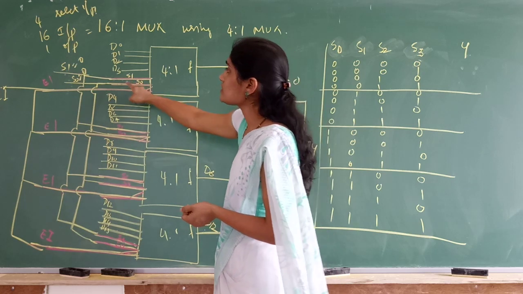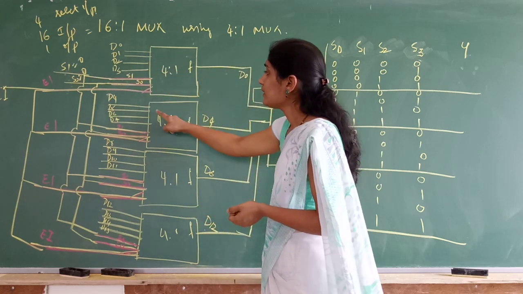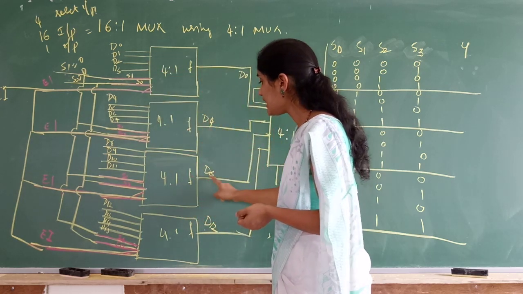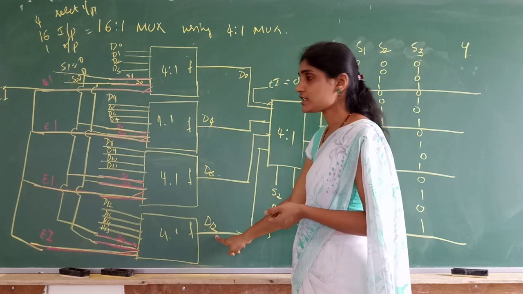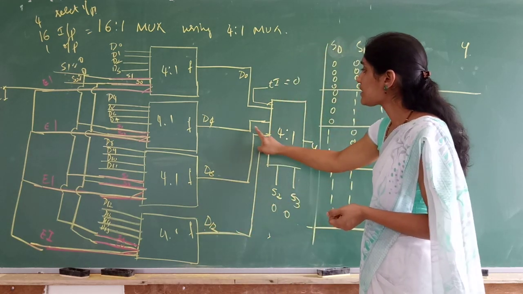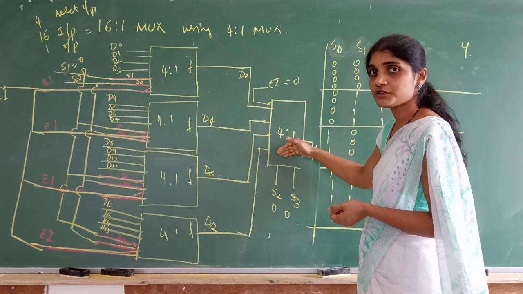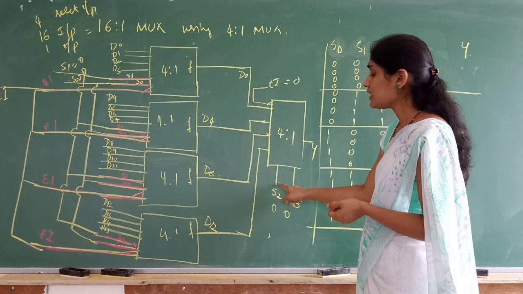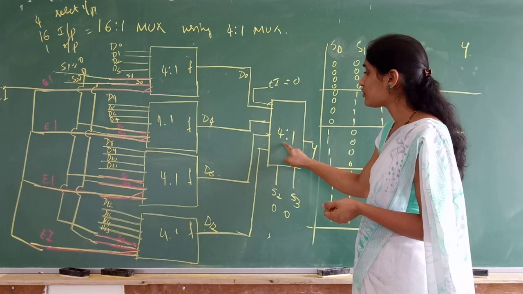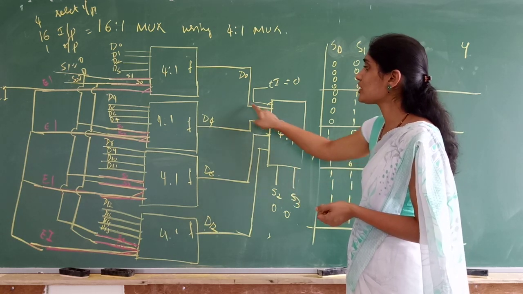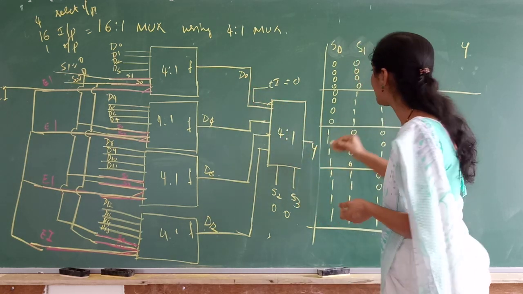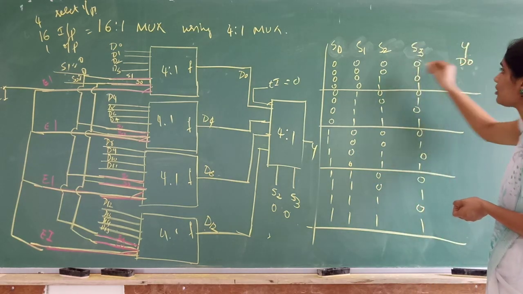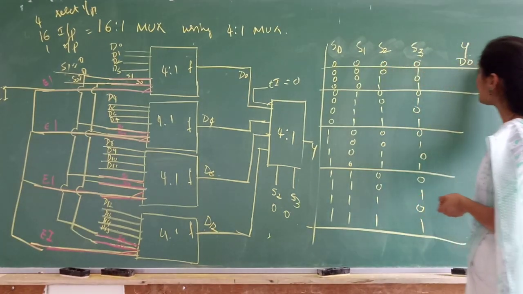So if you give 0, 0, D0 you get here, D4 you get here, D8 you get here, D12 you get here. Again, all these are now inputs to the last 4:1 mux. What do you have here? 0, 0. So if the select inputs are 0, 0, the 4:1 mux will select the first input line, that is D0. So Y will be equal to D0. So 0, 0, 0, 0, Y is equal to D0.